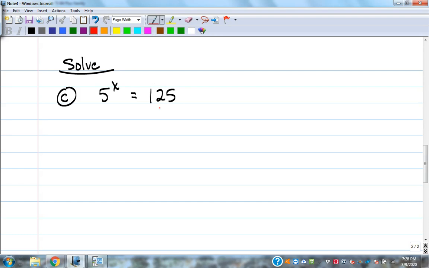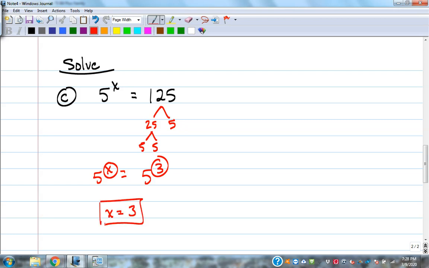So what do we know about 125? We've used that number quite a bit tonight. That's why I start with it. It's 5 to the third power, right? So this is really 5 to the x is equal to 5 to the third. What does x have to be? It's got to be 3. So if you can rewrite it that way, then you have the answer to the exponent.